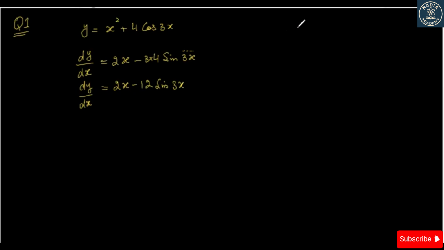In other words, if we have sin x, we differentiate it in the following way: dy over dx is equal to the derivative of sin x, which is cos x, times the derivative of x, which is 1, so that will remain as it is.